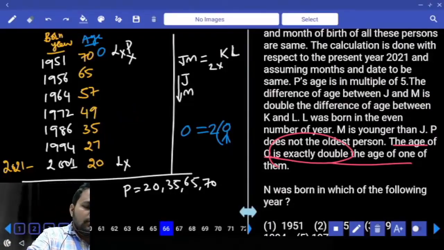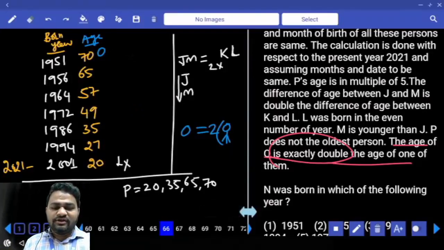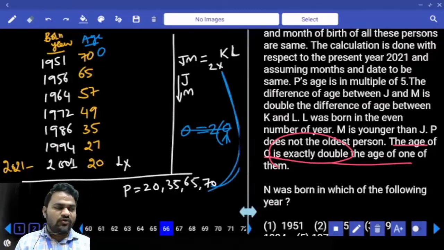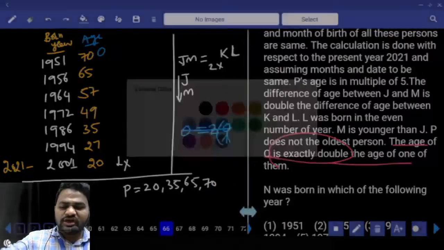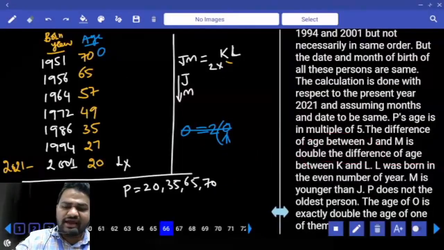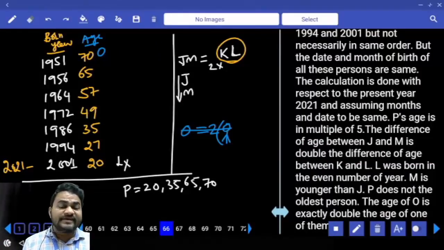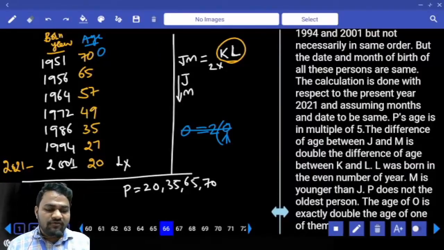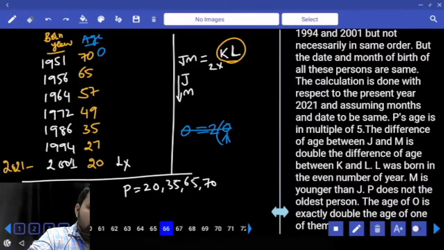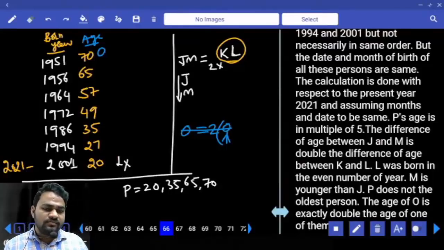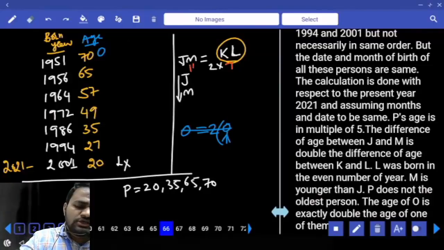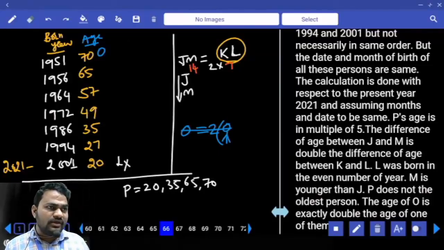Right. So now this is the given data, and in order to confirm this solution, we have only two conditions left over. Now first let us calculate age differences between K and L. Whatever the difference is, double of that is the difference between J and M. So for example, if I calculate these two positions, the difference is 7, double is 14, so the JM difference will be 14.